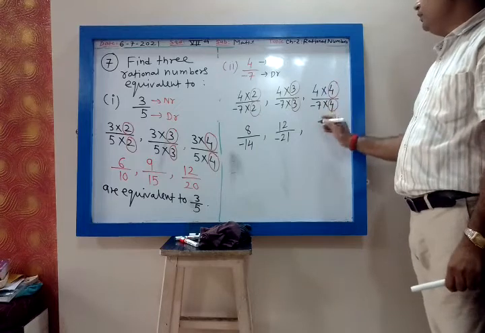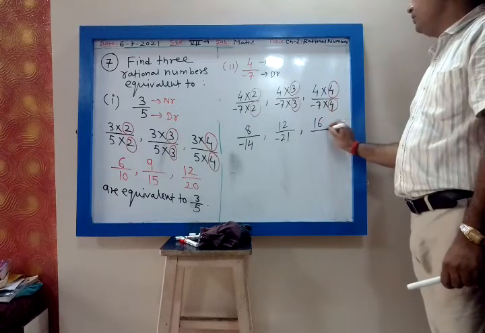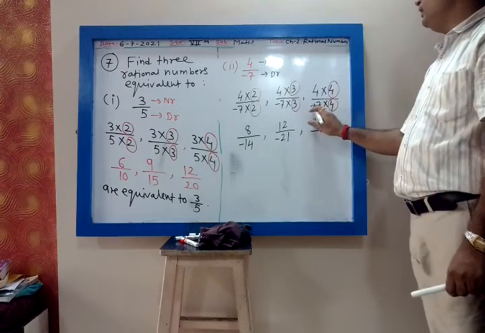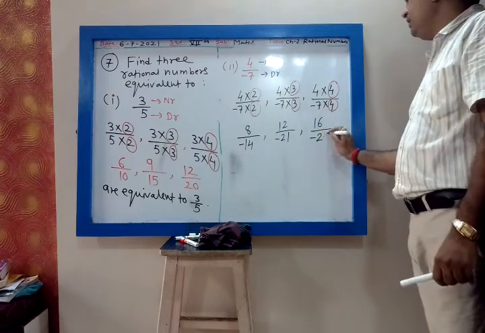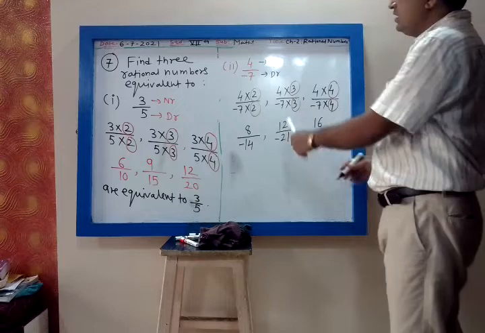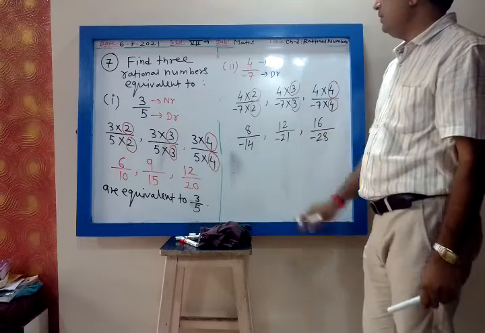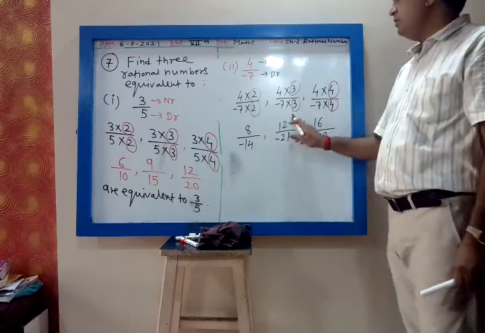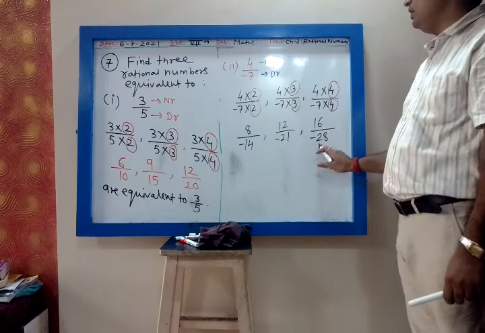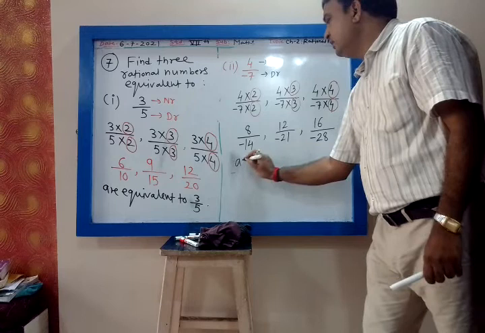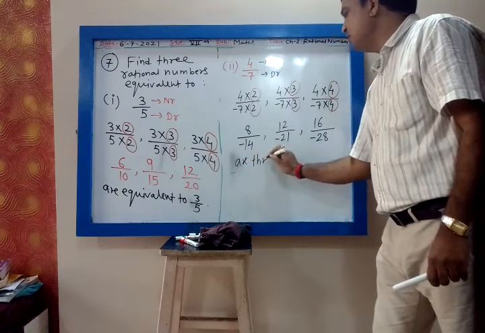Then 4 into 4, 16 upon minus 7 into plus 4, minus 28. So the first rational number is 8 upon minus 14, the second is 12 upon minus 21, the third is 16 upon minus 28. These are the three rational numbers.